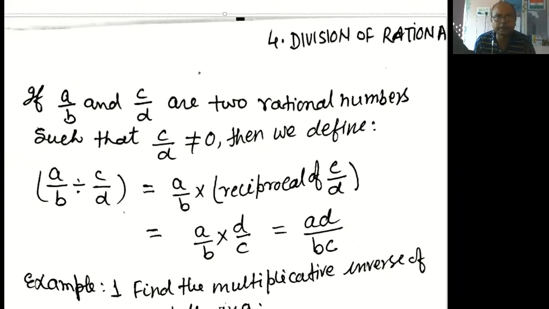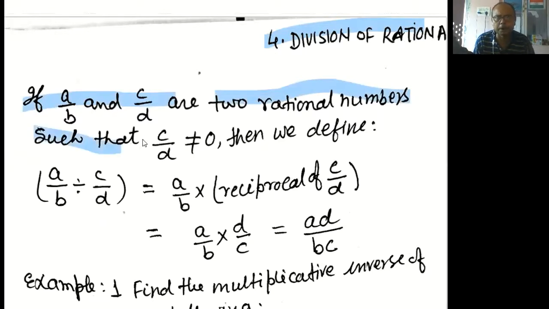Division of rational numbers. If A upon B and C upon D are two rational numbers such that C upon D is not equal to 0, then we define A upon B divided by C upon D equal to A upon B into, divide changes into multiply.